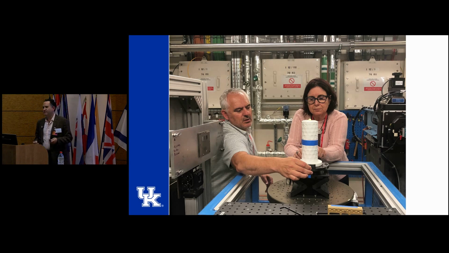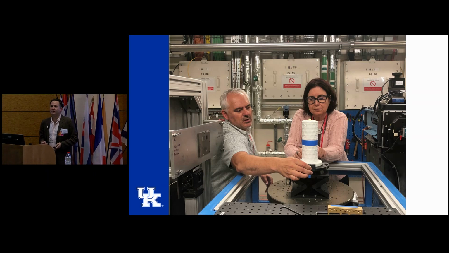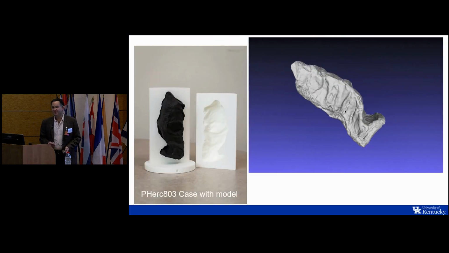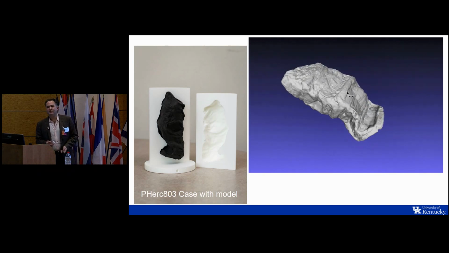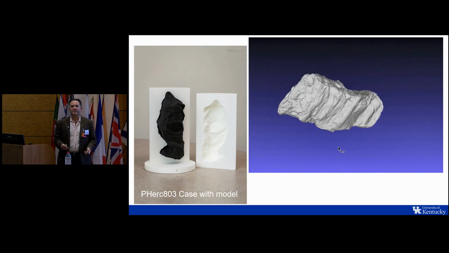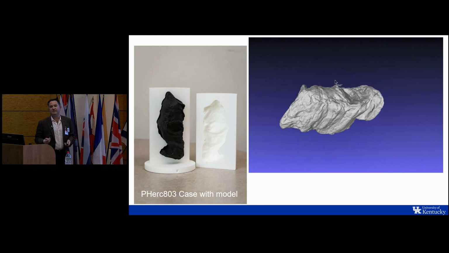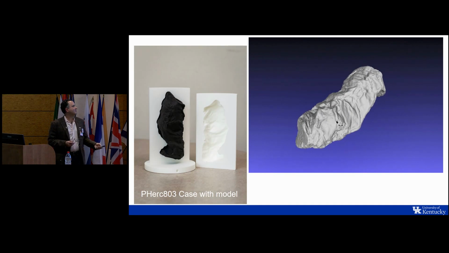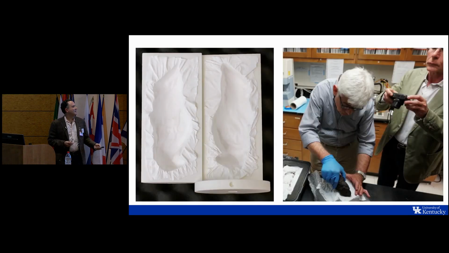There's a level of conservation involved here, because to get these scrolls, and in this instance the I-12 beam, we do actually have to create custom cases so that we can mount them in the beam. These are created using photogrammetry to capture the topography of the idiosyncrasy of each scroll, and then we 3D print them out so that the scrolls can be placed inside very carefully and mounted in that beam.